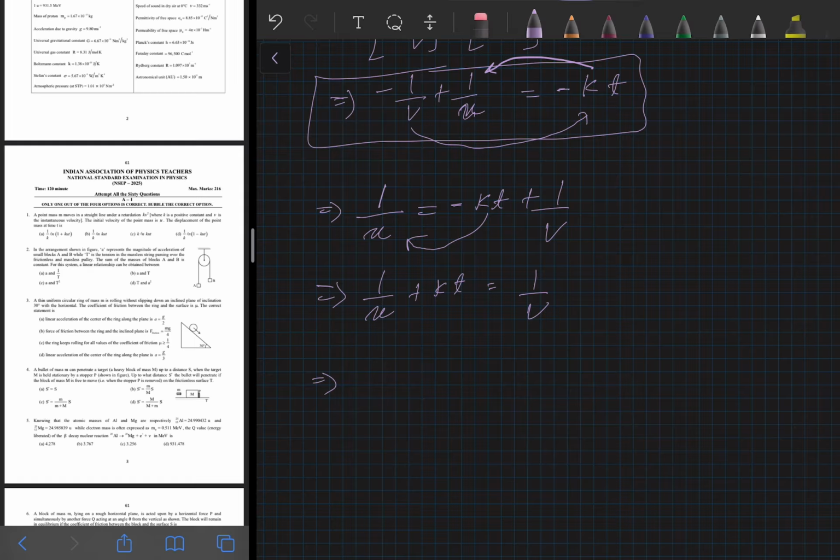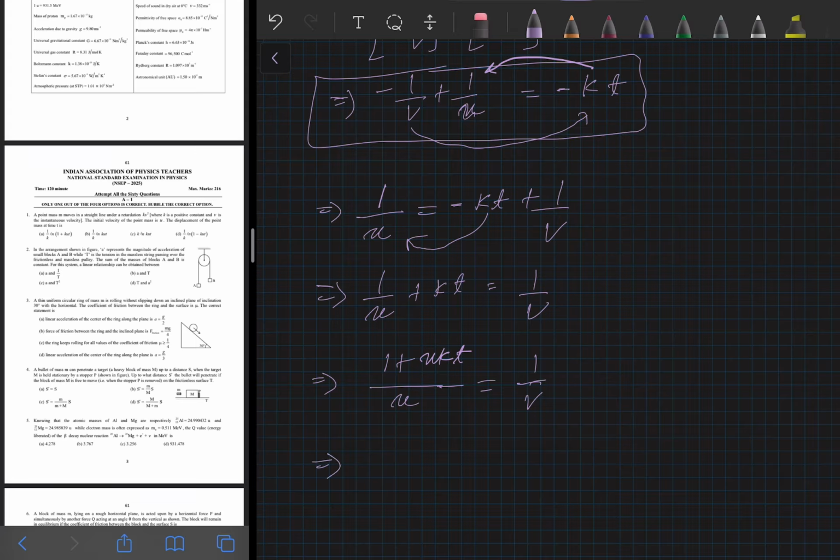Now if you add this, u will be the common denominator, and we have to multiply this with ukt, equals 1 by v. So we have this equation in terms of 1 by v.